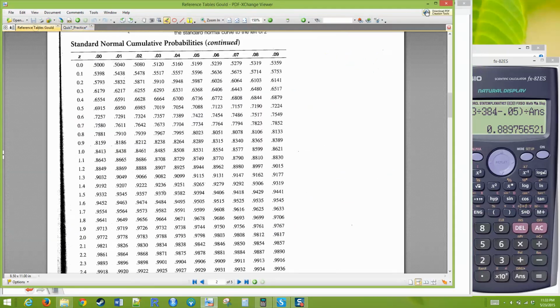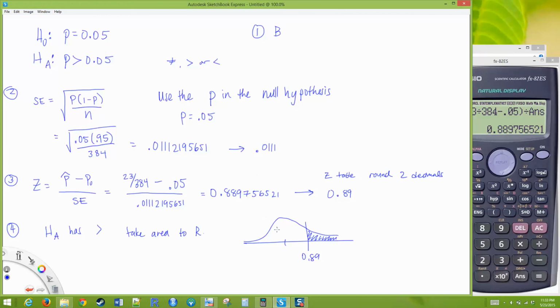So looking at my z table, I go to z equal to 0.89, and I find the area to the left is 0.8133. So this part is 0.8133, which means the area over here is going to be 1 minus 0.8133.